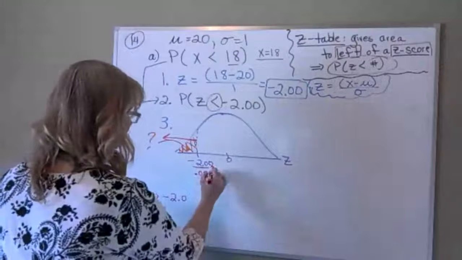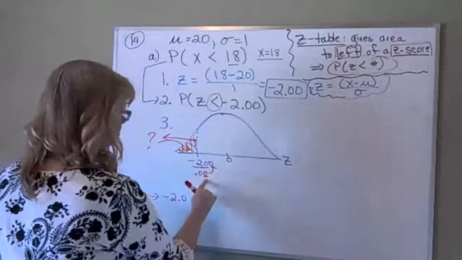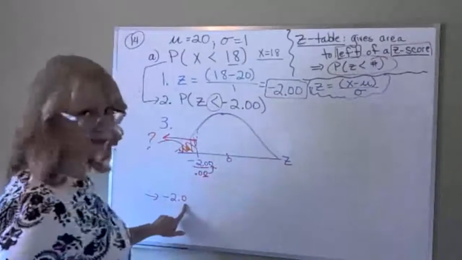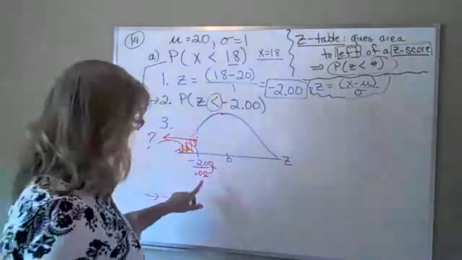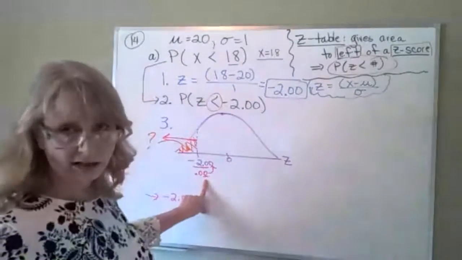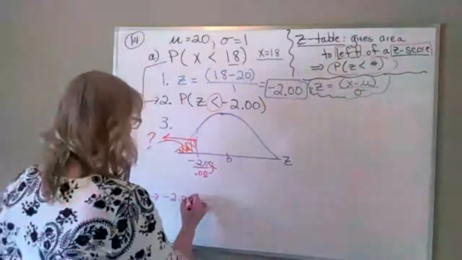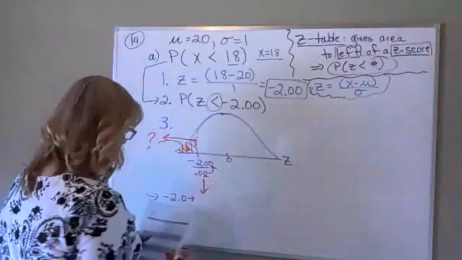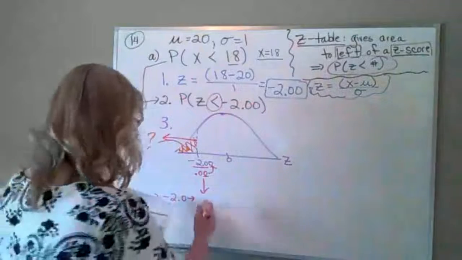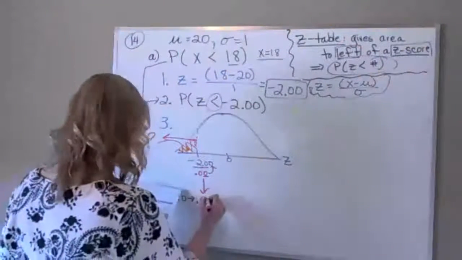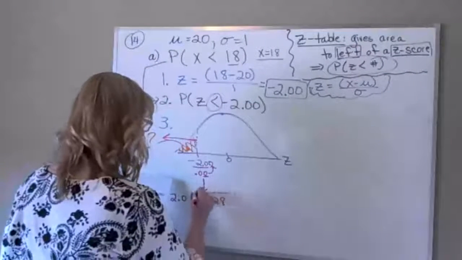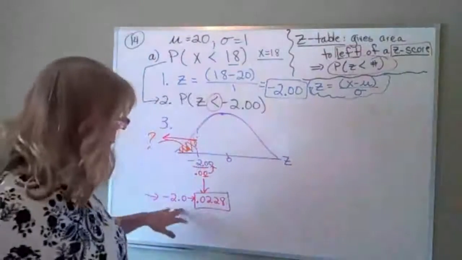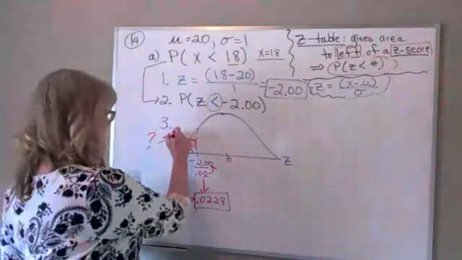That one is 0 for all of them because the number in the tenths place is on the row. The only thing you're looking at on the column is to get the correct number in the hundredths place. So I'm going to cross-reference this row and this column, negative 2.00, and we get an area of 0.0228. That's the area in the table for this row and this column, and that's this area here.